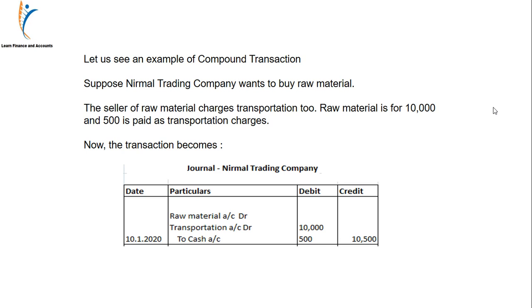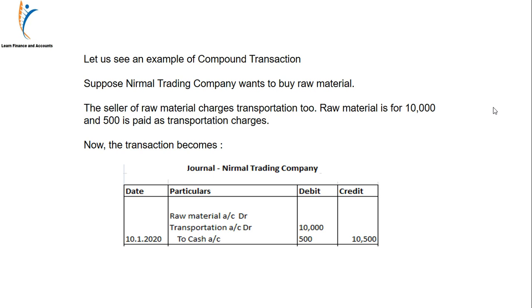The seller of the raw material says that if you want raw material to be sent to your factory, there will be transportation charges of 500. So the manager of the factory has gone to the vendor and says, okay, give me raw material for 10,000 rupees. But send the raw material to my factory.